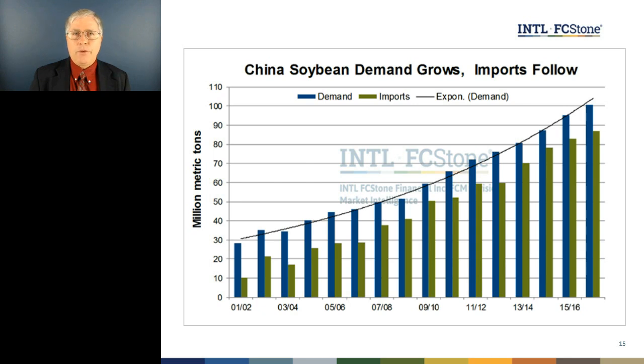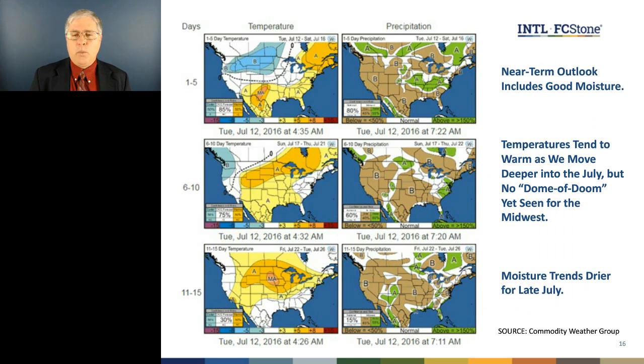And based on what we're seeing out of China, I expect this number yet to grow. Imports could eventually top 90 million metric tons based on the history of China and what developments we see there. Now, let's talk about the weather.